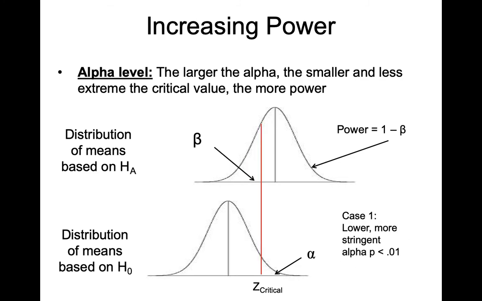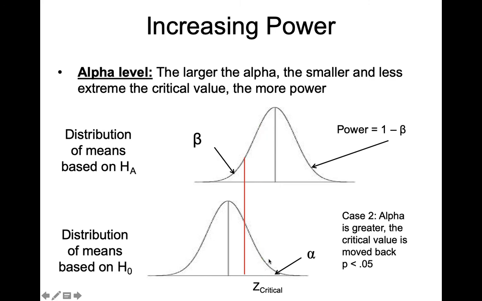Again, you can see there are fewer means that would cross the threshold, and more means that would cross the threshold. So in general, the larger the alpha, 0.05, the smaller the critical value, plus or minus 1.96, the more power. The smaller the alpha, 0.01, the larger the critical value, plus or minus 2.58, the less power.